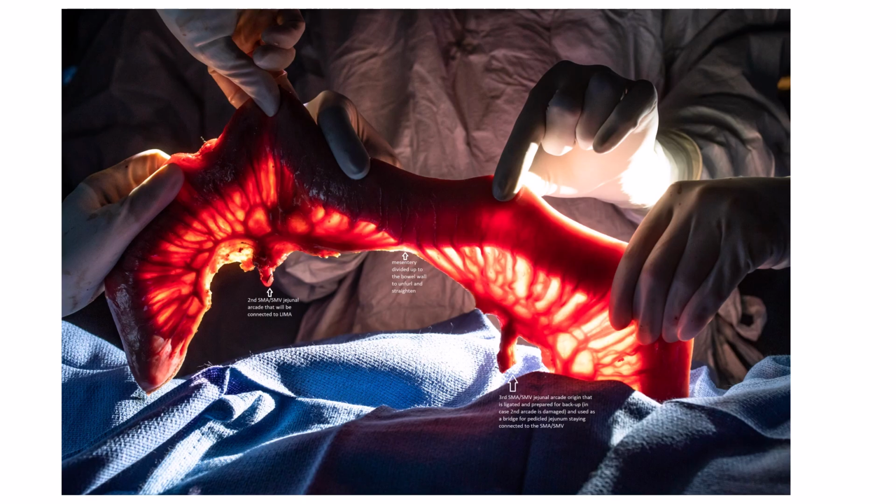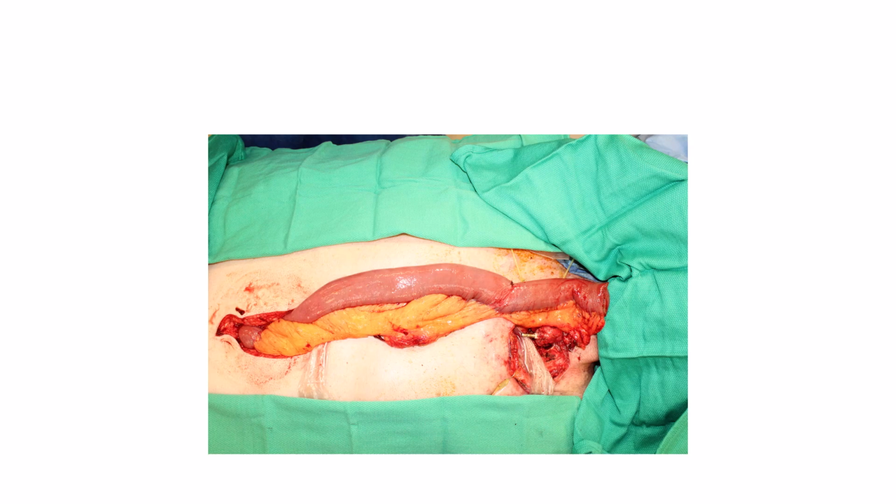The arrow in the middle delineates how we divide the mesentery all the way up to the bowel wall, and the arrow to the right shows that bridging third branch of the superior mesenteric artery and vein that is left as a bridge and connected to the fourth branch, whereby it is a pedicled portion of the jejunum.